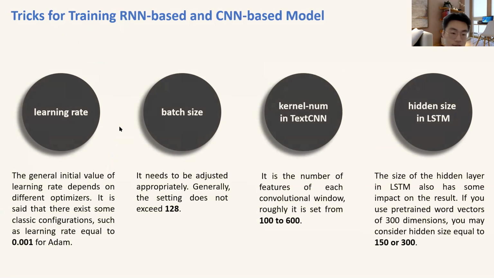Generally, it often does not exceed 128. For the text CNN model, the kernel number is often set from 100 to 600. And for LSTM, the hidden size could be set to 150 or 300.